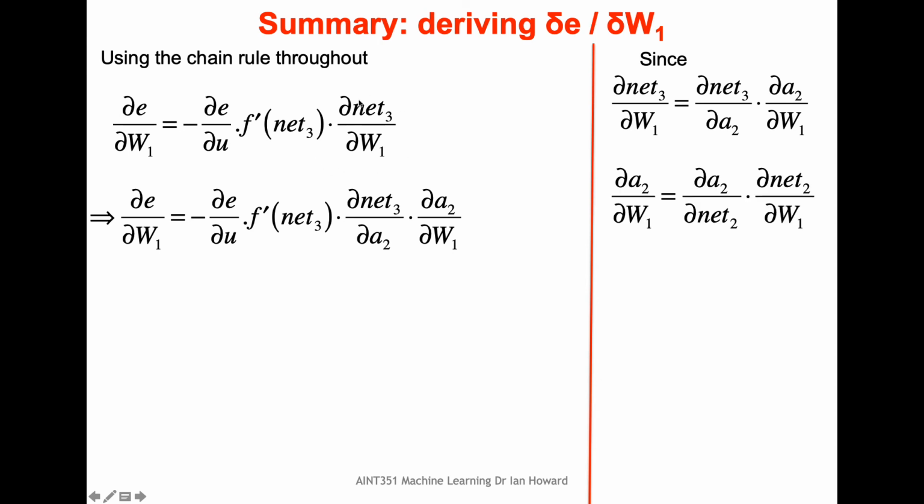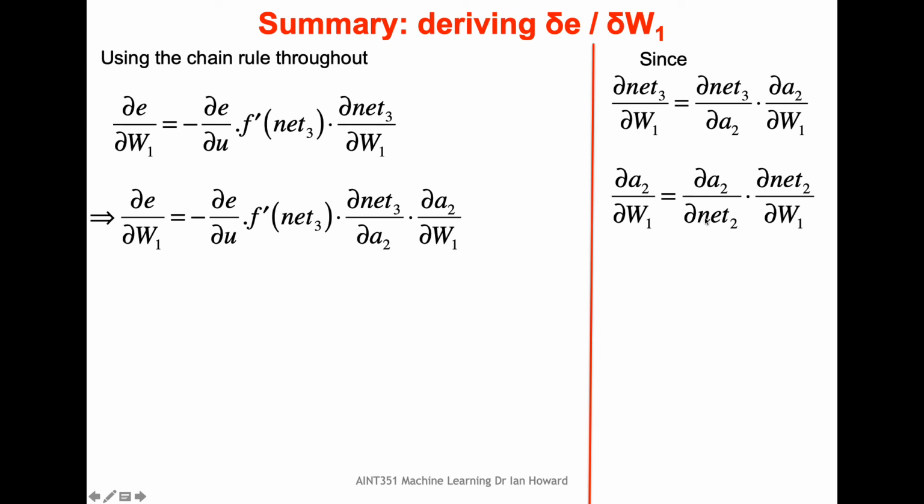Then we've got to tackle once more, breaking this down. So let's have a look at dA2/dW1, and this is again going to be broken down into the fact that this is an activation after the sigmoid. So actually there's an intermediate variable as well.